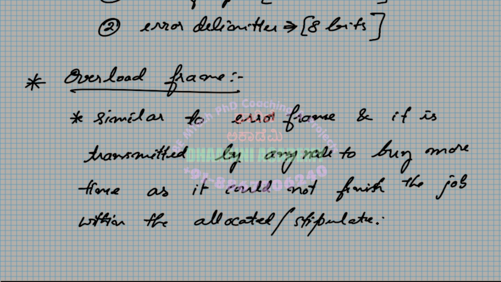So whenever it is given, it will be decided that okay, every device gets 10 milliseconds of time to finish something. That's a stipulated time, right? So within the time, you ask for more time to finish the pending job. Okay.